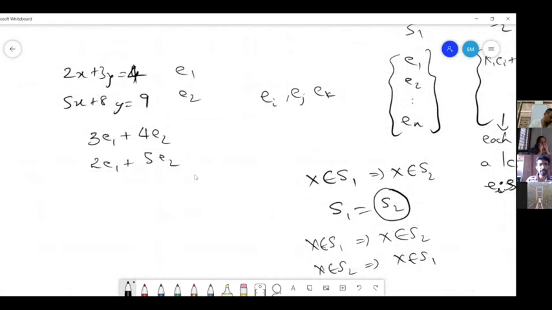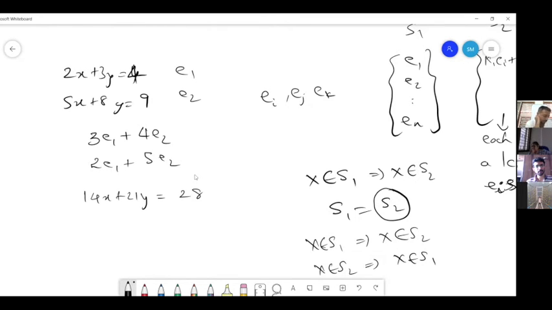So can you compute and tell me what is this 3E1 plus 4E2 and 2E1 plus 5E2? Sure. First one, 3E1 plus 4E2, is 14x plus 21y is equal to 28.